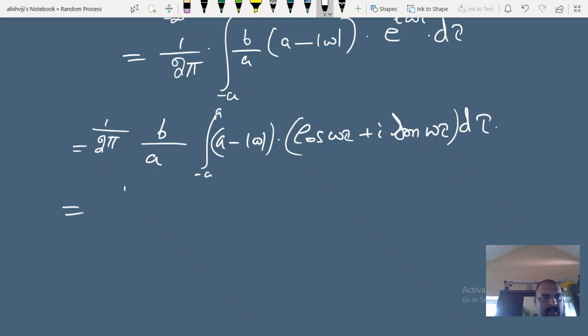This will give b by 2a pi into we can split it into two integrals.